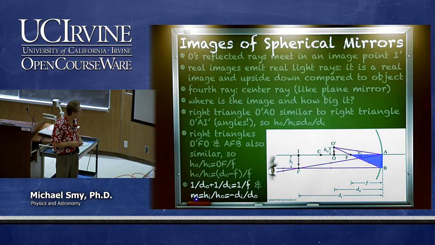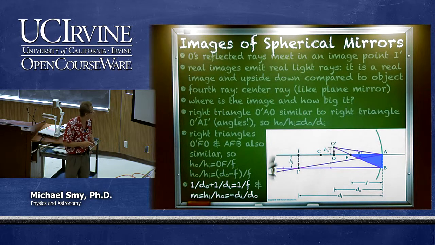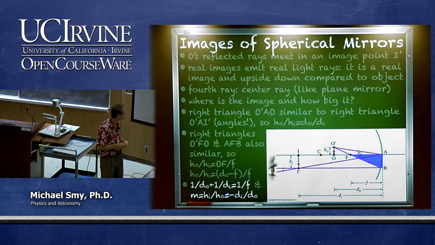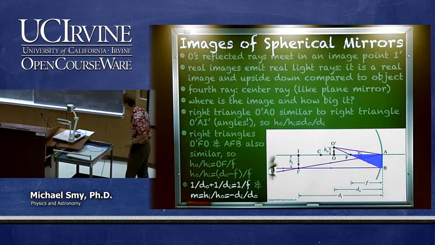Moreover, we can define a magnification, which is the ratio of image over object height. That must be equal to the ratio of image distance over object distance. And by convention, we insert a minus sign in here because this image is upside down compared to the object. And that's why we insert a minus sign in there.